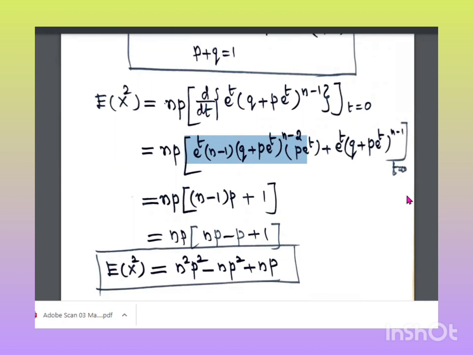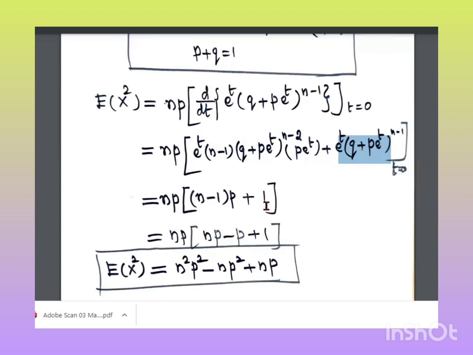Now at t equal to 0, np, e power 0 value is 1, q plus p e power 0, value is 1, q plus p value is 1, 1 power n minus 2 value is 1. So n minus 1 into p into e power 0 value 1, so n minus 1 into p. np into (n minus 1 into p plus e power 0, 1; q plus p e power 0, 1, because q plus p also 1; 1 power n minus 1, 1; 1 into e power 0, 1).